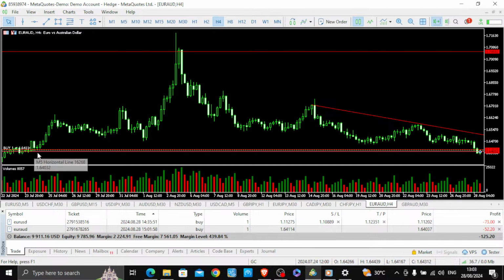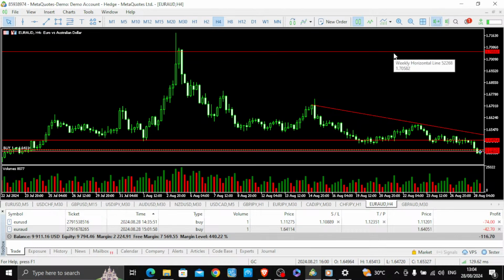Here is a demand zone, so we can wait for the price to come back to somewhere here, up to this area. If it comes up to this area, we can watch the reaction. If we get a signal, we can enter. That is it.